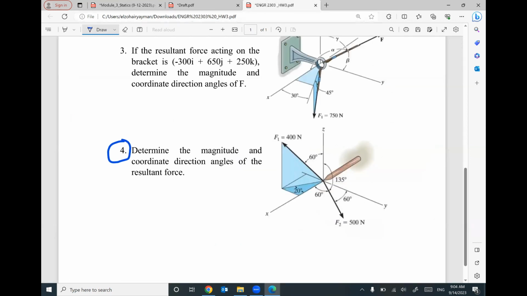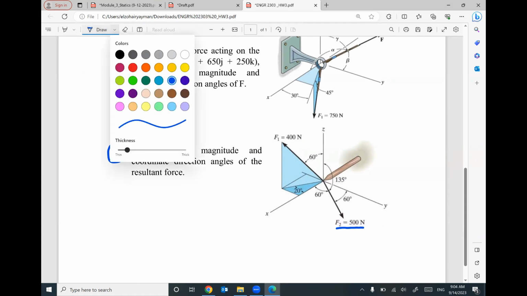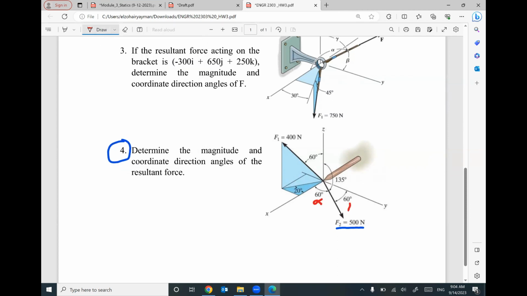If you look at F2, we are given 3 angles: 60, this is alpha; 60, this is beta; 135, this is gamma. So F2, in a very easy way, can be broken into 3 components directly: Fx, Fy, Fz, and the value of the force is given.